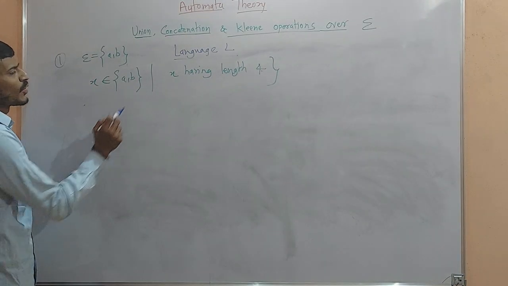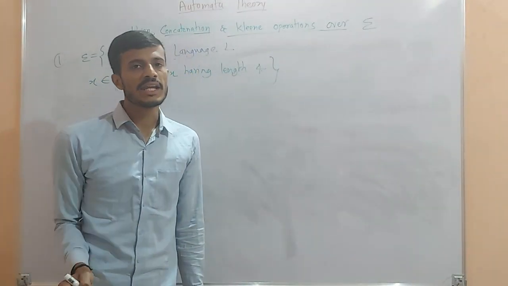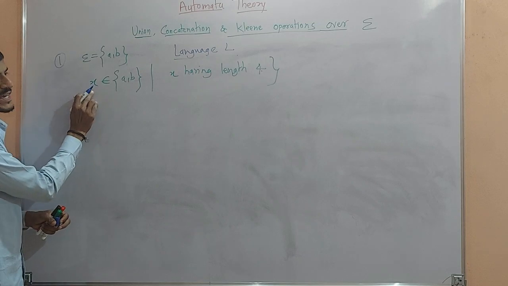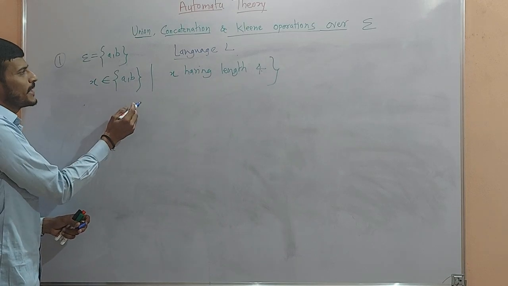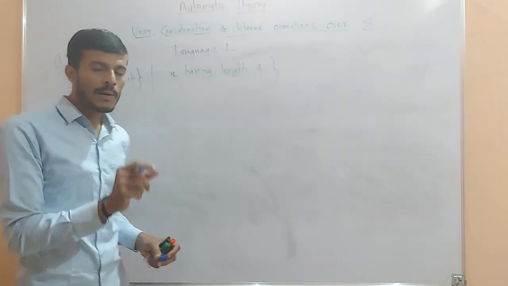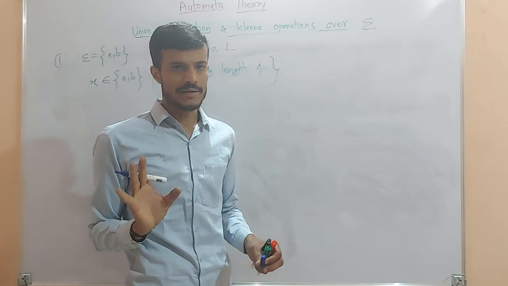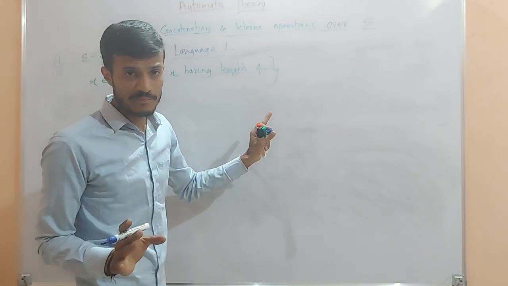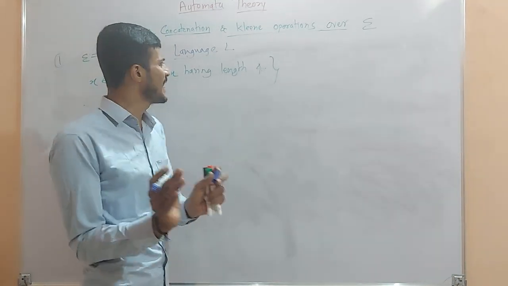We have to find the language L in such a way that it contains strings X, and that X belongs to {A, B}*, means the alphabets used in X should be from A and B only. And X having length 4 means the size of that string should be exactly equal to 4.